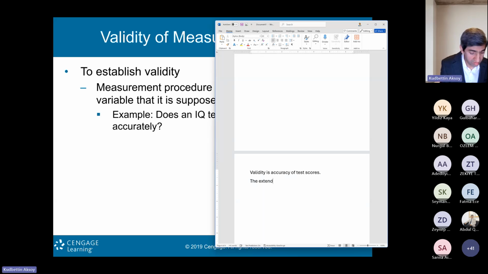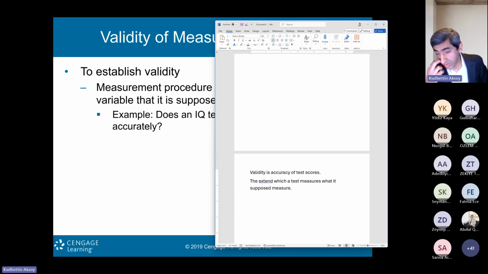So it's the extent to which the test measures what it's supposed to measure. This is the definition I learned when I was doing my undergrad study, word for word. Not a bad definition.